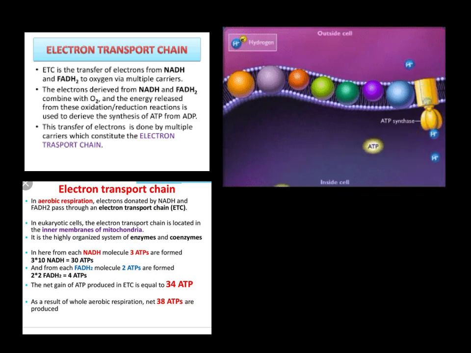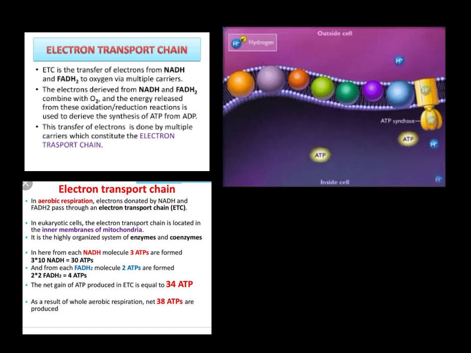From each NADH2 molecule, 3 molecules of ATP, and from each FADH2 molecule, 2 molecules of ATP are produced during these cyclic reactions. Along with ATP, water molecules are also formed during the chain reaction.